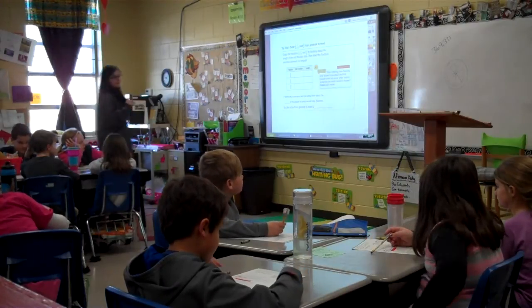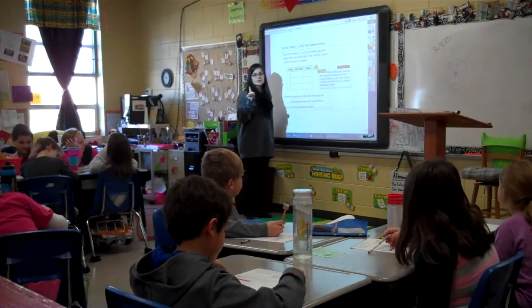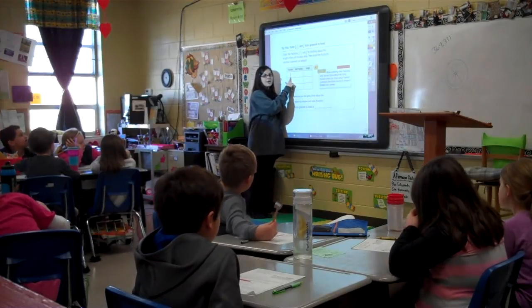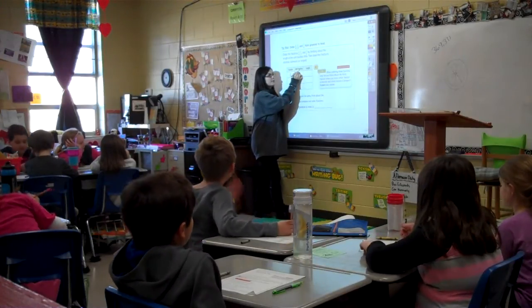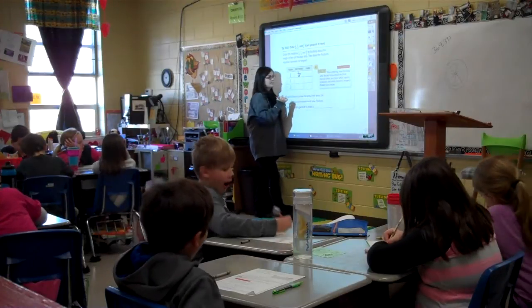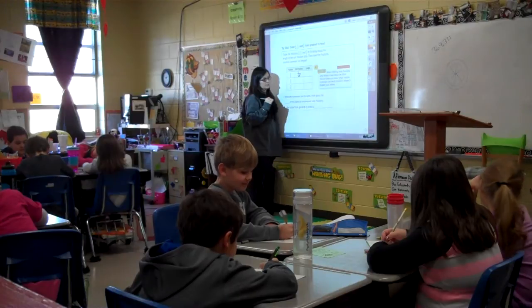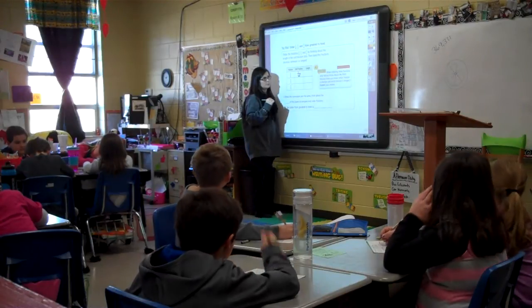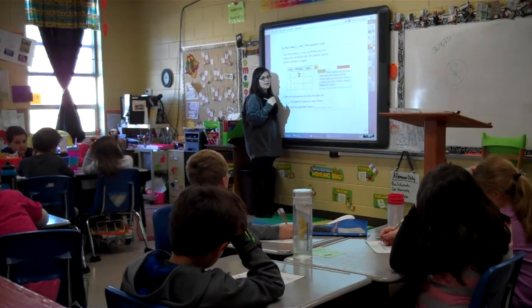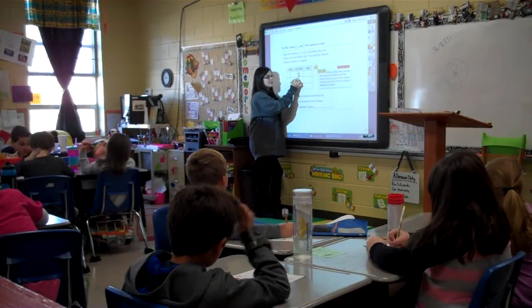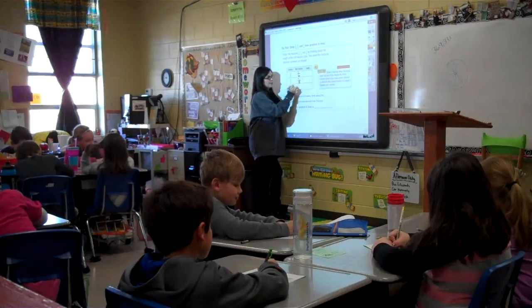Alright, a unit fraction we know has 1 as its numerator. So if our fraction is 2/6, our unit fraction is going to be 1/6. Good. If our fraction is 2/3, our unit fraction is 1/3.